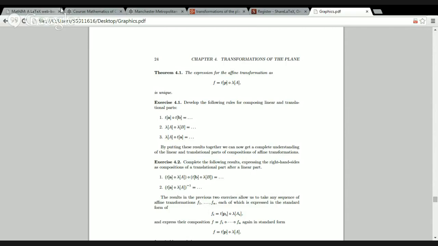Because I'm talking about doing pi over 2 twice, because we're working out f squared, or I was talking about the linear transformation represented by the matrix A squared, which is doing the linear transformation represented by A twice, composing it with itself.